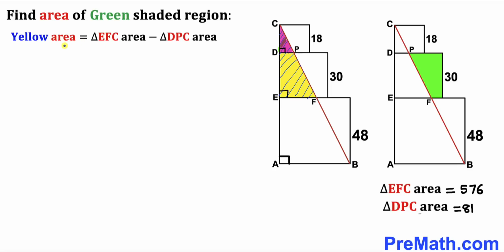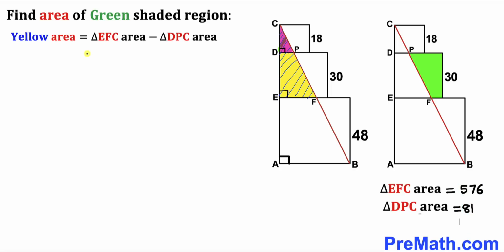And here's our next step. Let's calculate the area of this yellow shaded region. This is going to be equal to this triangle EFC area minus the area of this tiny triangle DPC. And we already figured out this EFC triangle area is 576 and the area of this triangle DPC is 81.